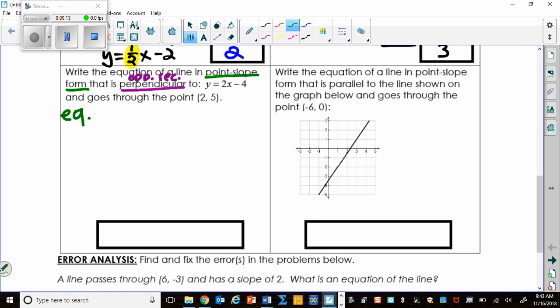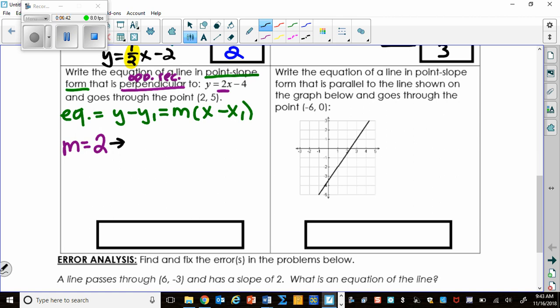That equation is y minus y1 equals slope times x minus x1. And if you forgot how to do this, please refer back to the video that talks about point-slope form. Alright, then I'm going to find the slope that I'm going to be working with. The equation has a slope of 2. So I need to find the opposite reciprocal of this number.